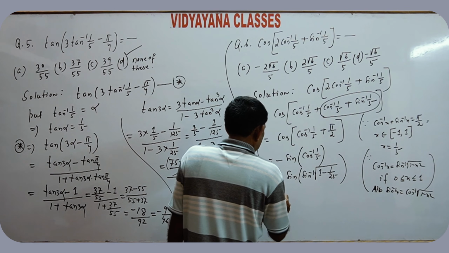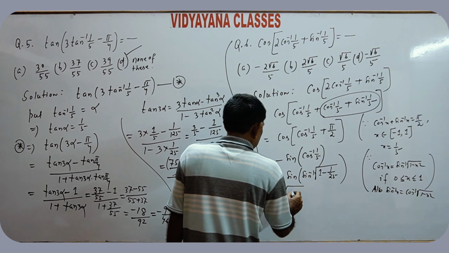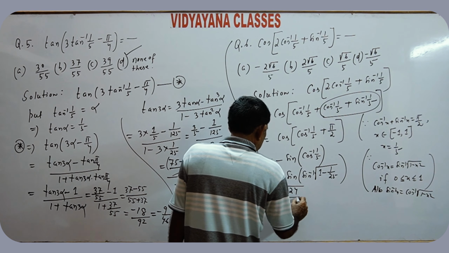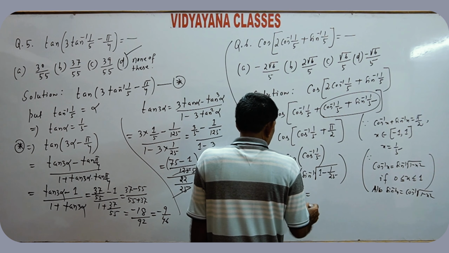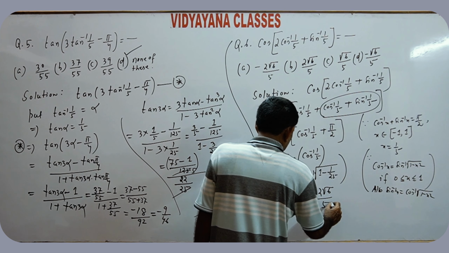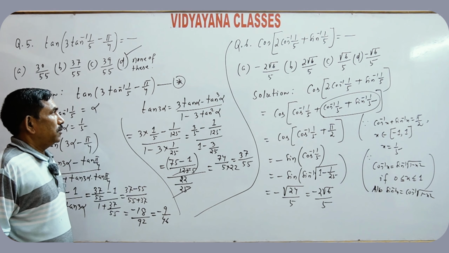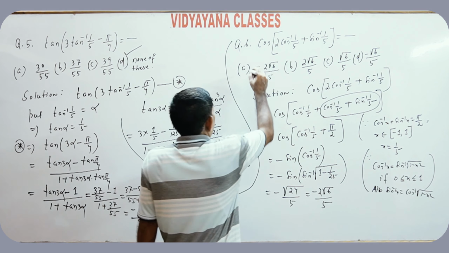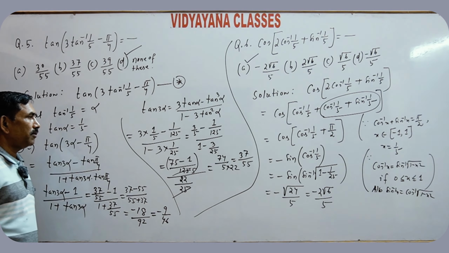Which is the same as minus square root of 24 divided by 5, which is equal to minus 2 root 6 divided by 5. So the correct option is A, that is minus 2 root 6 divided by 5.